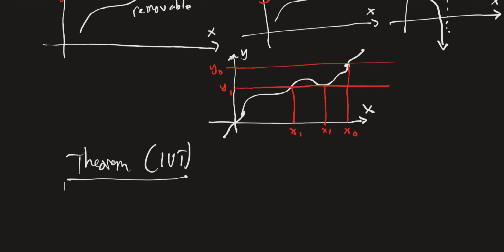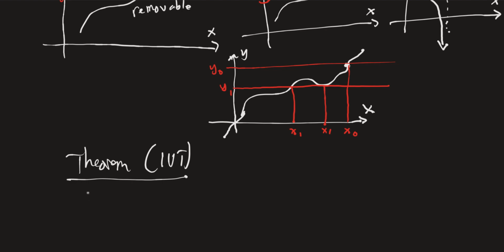So if I draw a horizontal line, I'm always going to hit it at least one point. Well, it turns out the proof of this theorem is way beyond the scope of this particular course. It seems so obvious, but to prove it for every continuous function, not so easy. It's a fun proof though, but yes, it's very advanced.